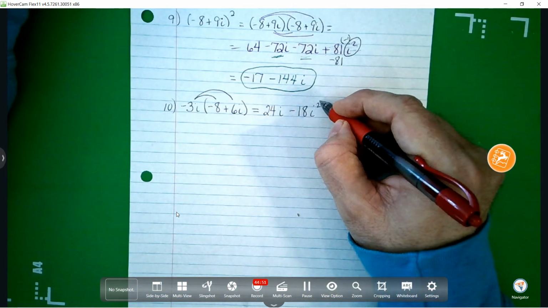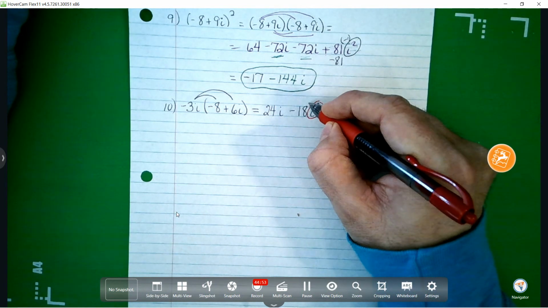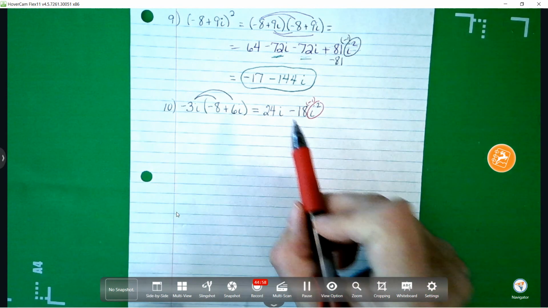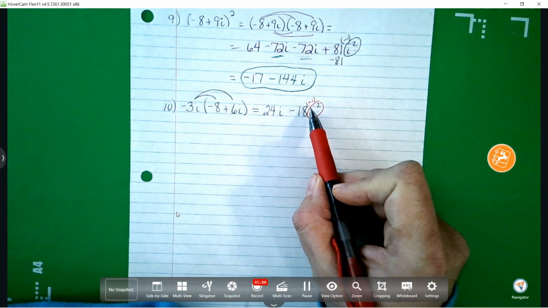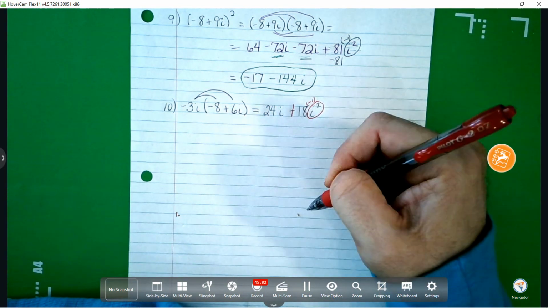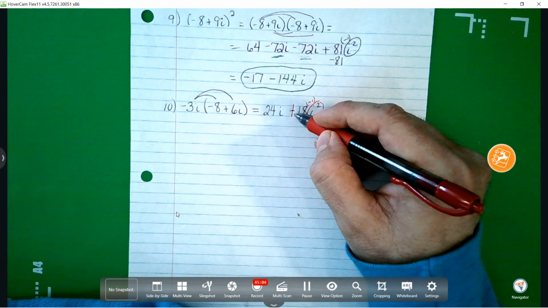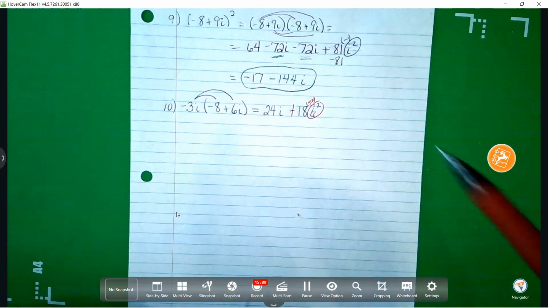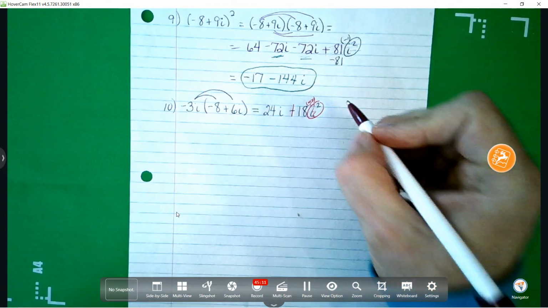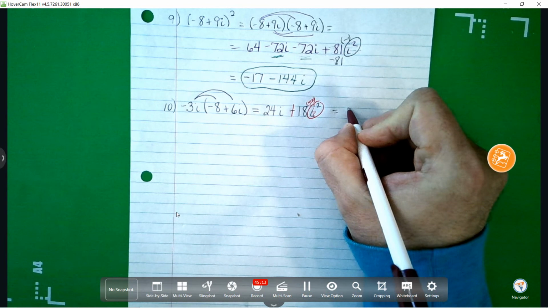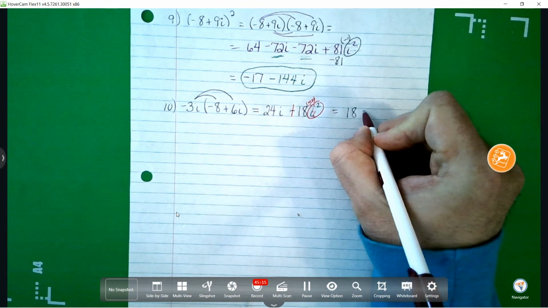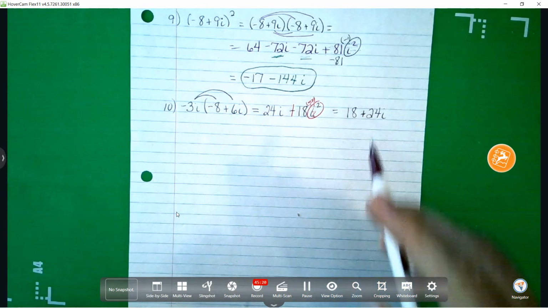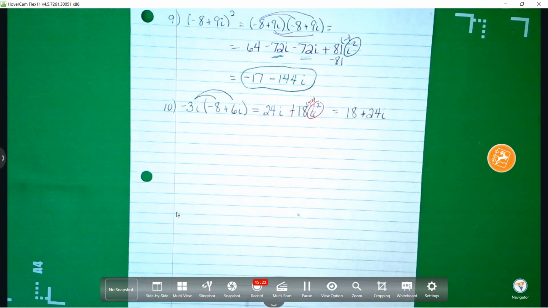So if I replace this i squared with a negative 1, negative 18 times negative 1 is just going to be a positive 18. So I'm just changing the sign on the 18 and marking that i squared out. So we have 24i plus 18, or 18 plus 24i. That's how we would write it if we wanted it in standard form, a plus bi.